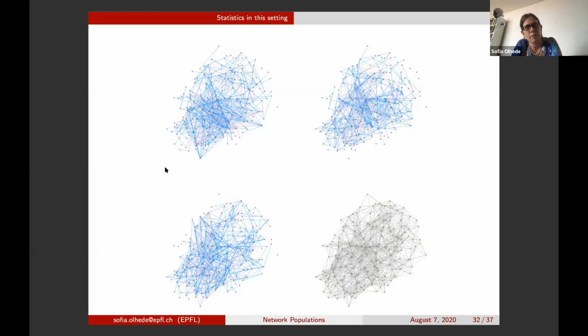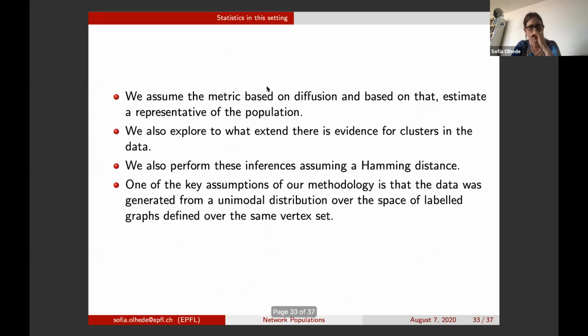You see that the numbers of removed edges and added edges, the pink being the removed and the blue the added, are about the same fraction. There's no particular region of more connections or lack of connections, but you're getting a valid notion of changes happening across each individual realization.